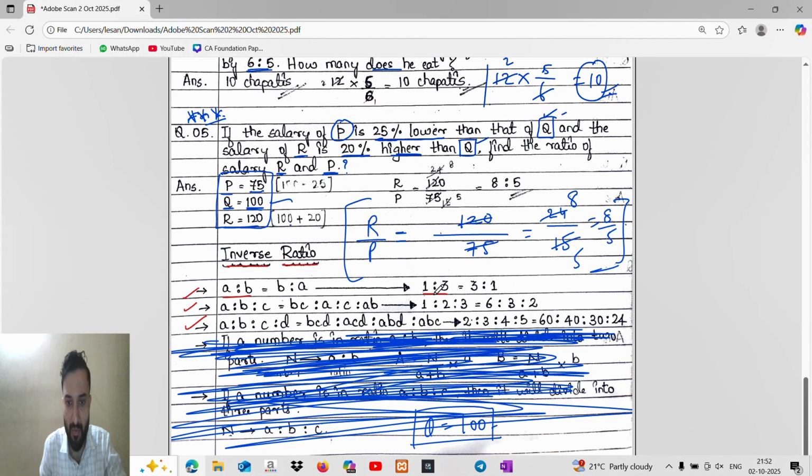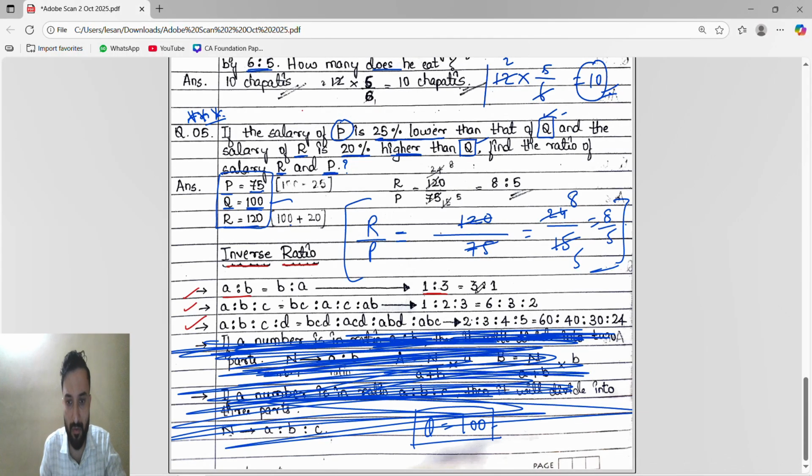Like 1 is to 3, inverse is 3 is to 1. If in the question they give the ratio 1 is to 3 and ask to find the inverse ratio, it is 3 is to 1. If the ratio is 4 is to 7, the inverse ratio is 7 is to 4. Easy.